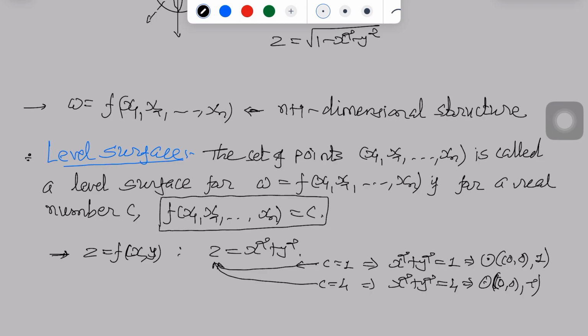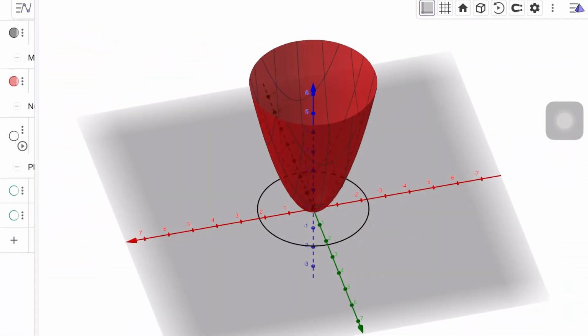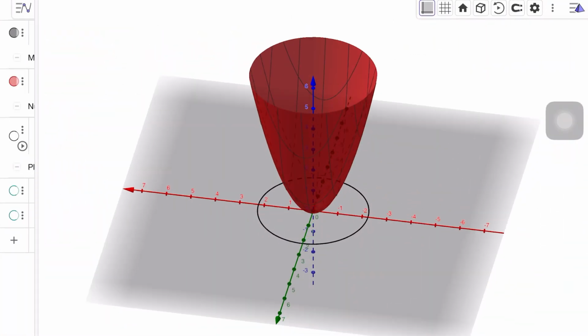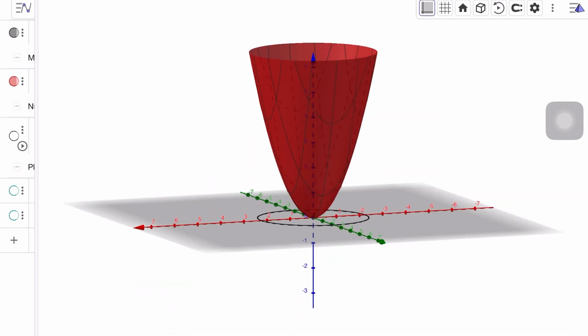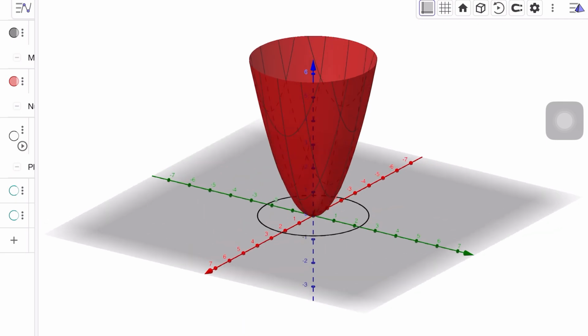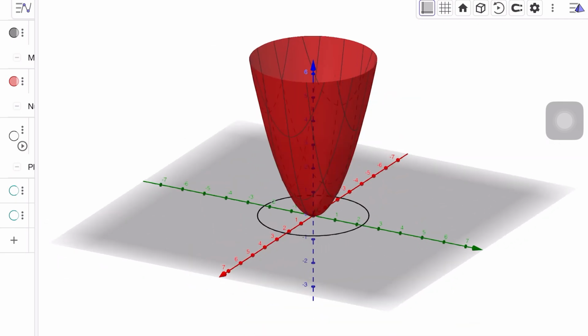But how they look like, let us observe this structure. Okay, so this is the curve that is equal to x square plus y square. As you observe, the blue axis is the z axis, right?